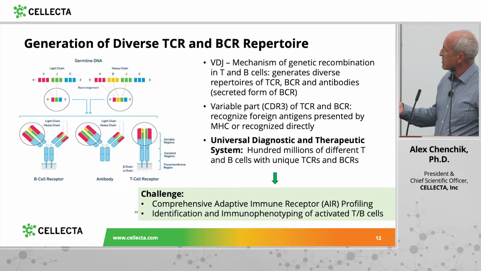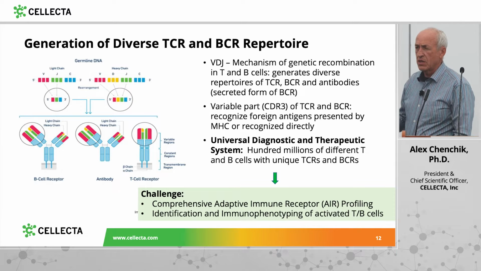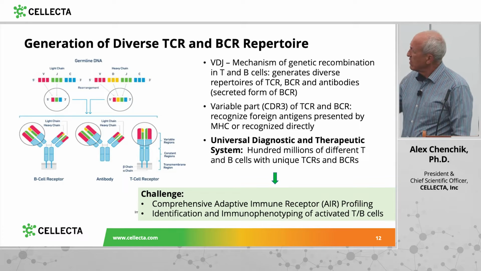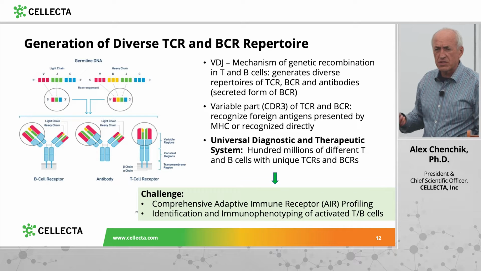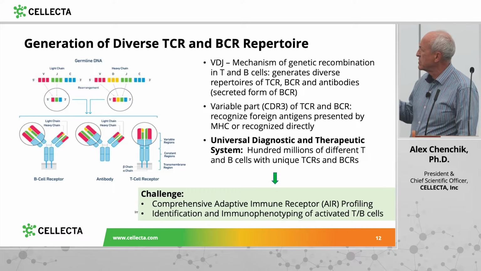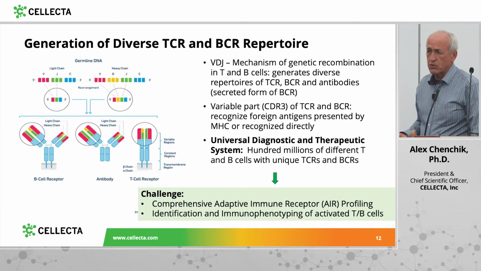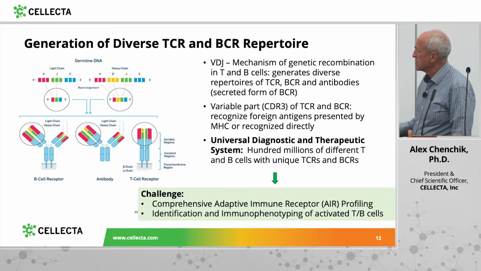As demonstrated here, at the end of the recombination you have a very similar structure of T cell receptors, B cell receptors, and antibodies, organized in a very similar way, with these circles showing the CDR3 region, which mainly recognizes foreign antigens presented by MHC peptide complex or directly by proteins.